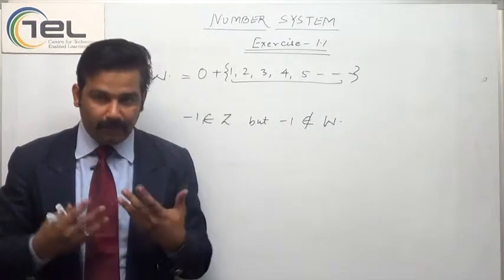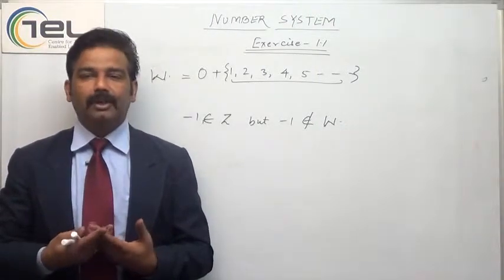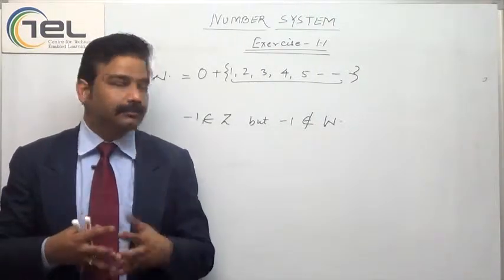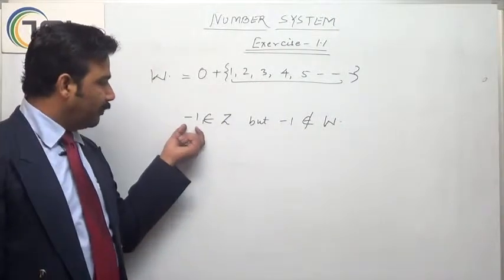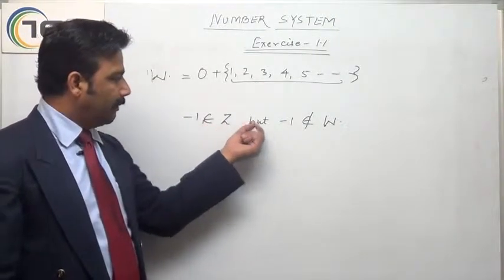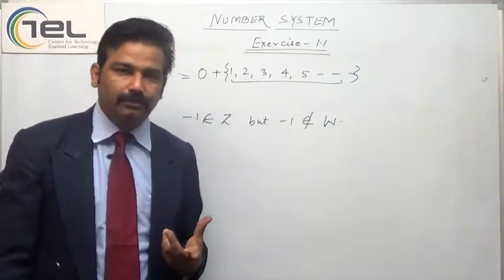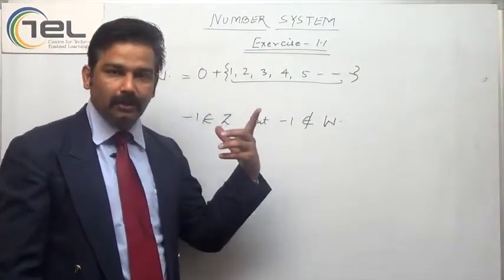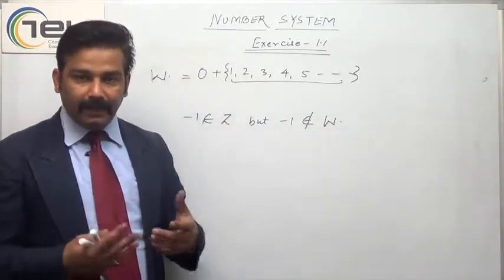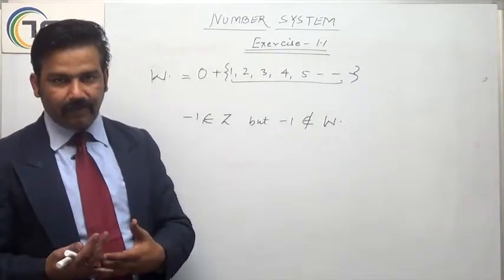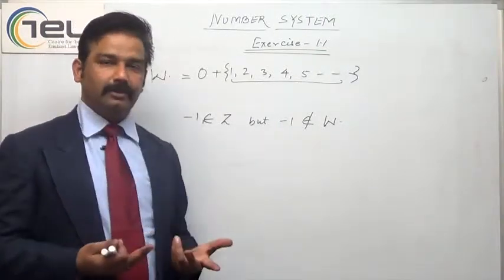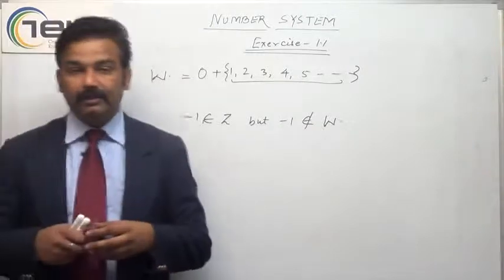If we are not able to make it false, it should be a true answer. -1 belongs to Z, but -1 does not belong to W. That means it is not a whole number. We have gone against the statement they have given and we have proved it. So this statement is false.